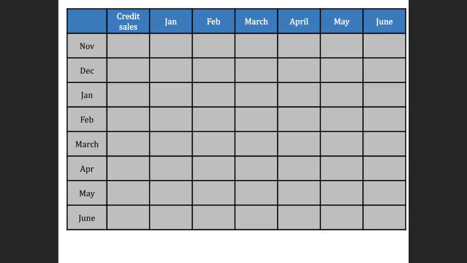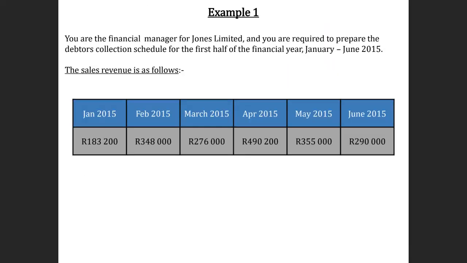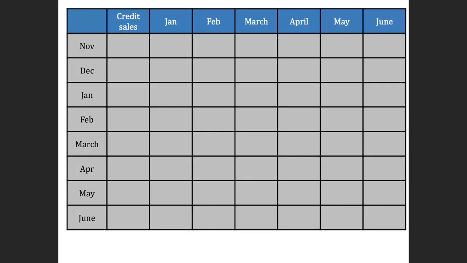On the next page, you're going to see the template for your debtor schedule. As I said, the months that you're drawing it up for are the ones going across at the top. They said to draw up a schedule for the first half of the year, Jan through to June, which is why we have Jan all the way to June on your schedule at the top.